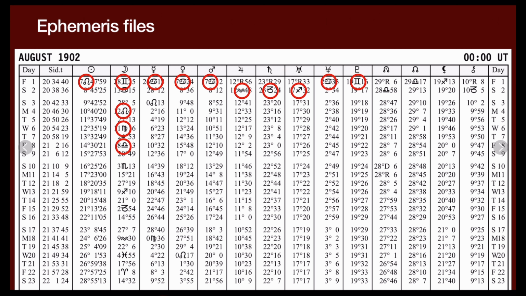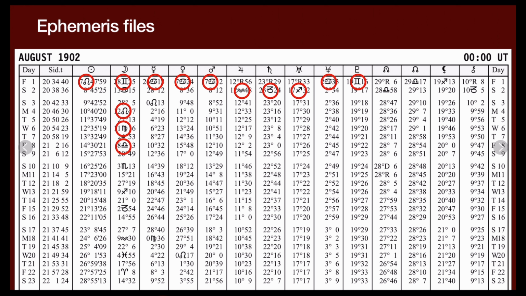These represent the signs, so you need to know which symbol represents each sign, and also there can be a number of symbols for one sign depending on the source, so you need to familiarize yourself with them.